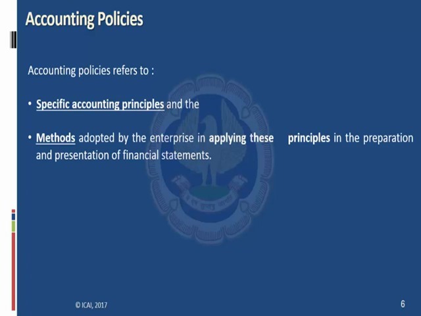Entity Y is using the revaluation model of accounting policy for valuation of land and building, and the market value of that land and building is 5 crores. So the cost was 50 lakhs, the market value was 5 crores. Since entity Y is using the revaluation model, the carrying value of land and building in the books of entity Y is 5 crores, while in the books of entity X it is 50 lakhs.